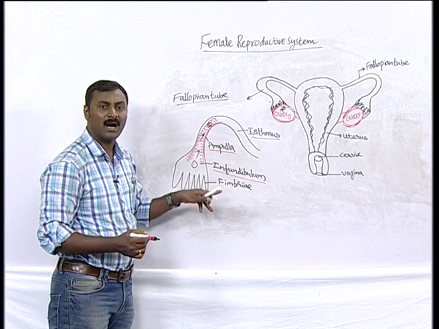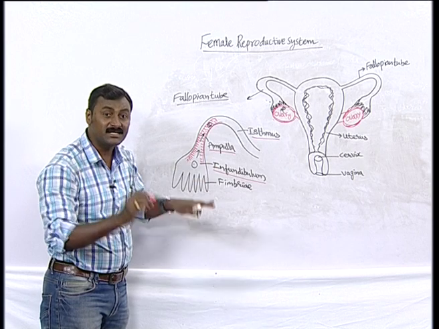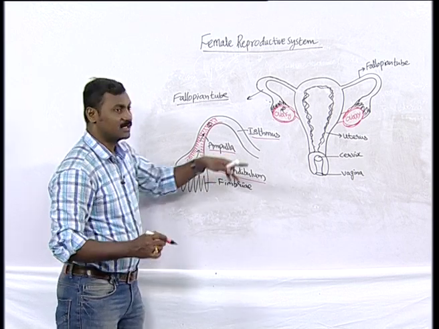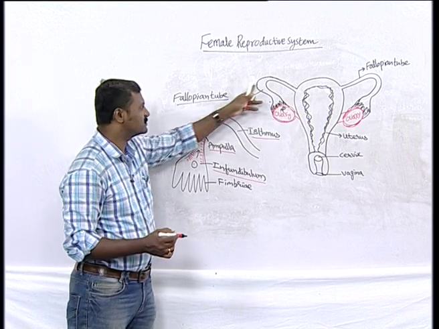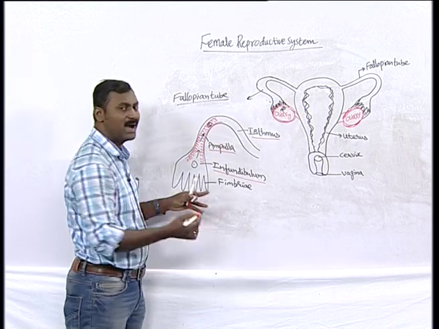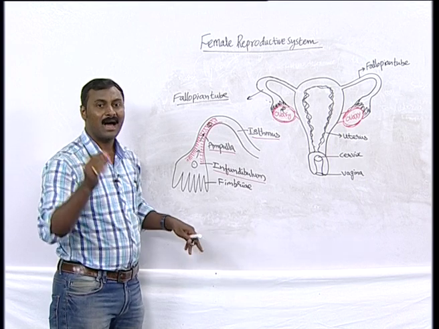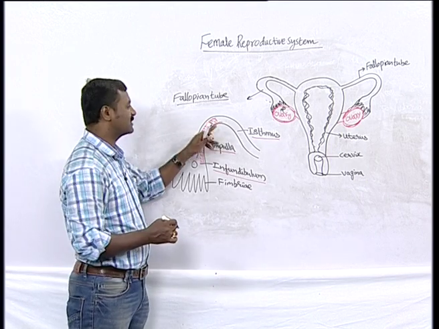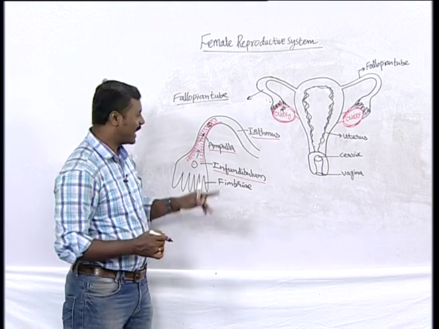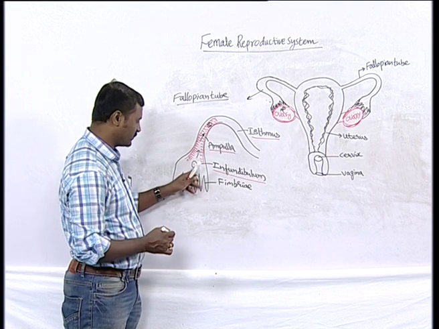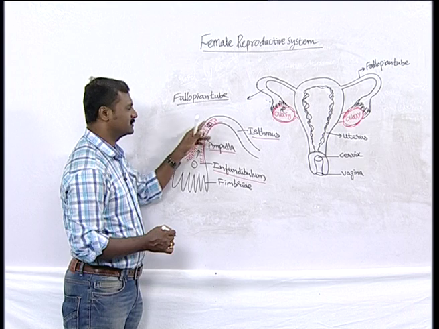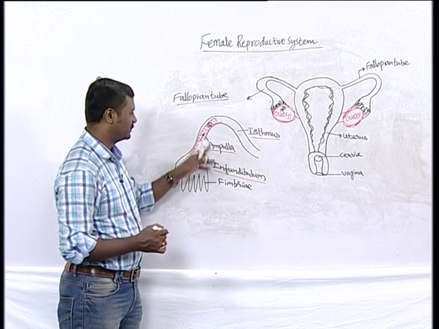In the ampulla, the secondary oocyte is waiting. Why? Because during sexual intercourse, if sperms enter, they travel through the fallopian tube and reach the ampulla, and in the ampulla region fertilization occurs. So from fimbriae to infundibulum to ampulla, you can see the travelling of the ova.